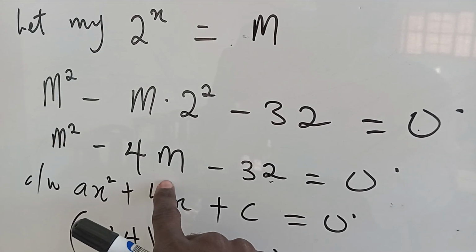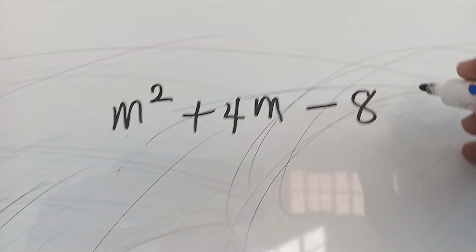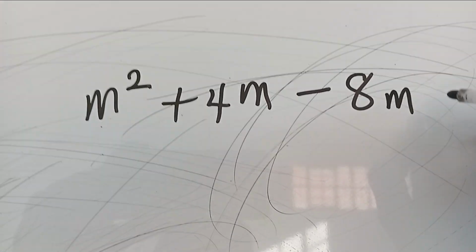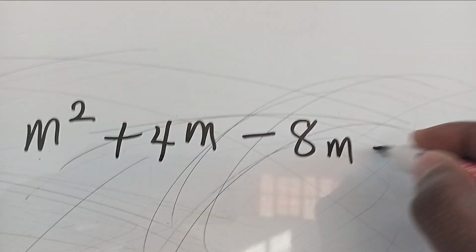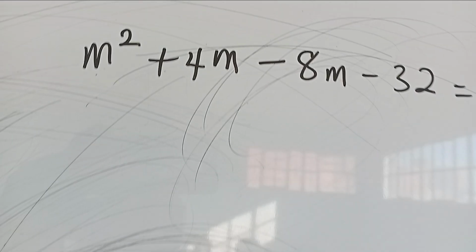You can say your m squared, you replace your negative 4m by positive 4m and negative 8m. So it becomes m squared plus 4m minus 8m minus 32 equals 0.